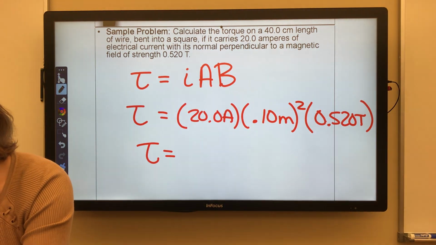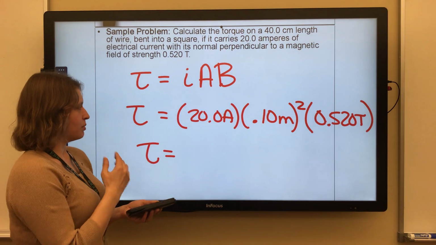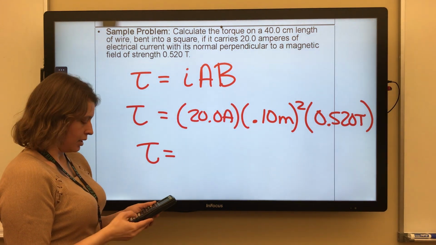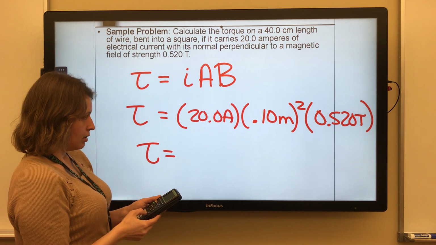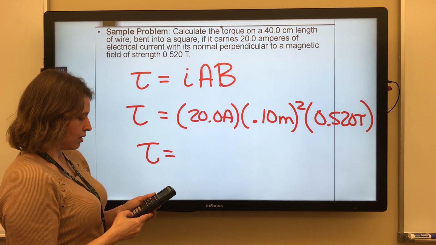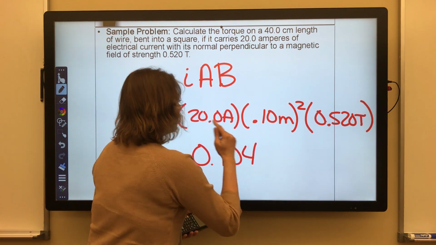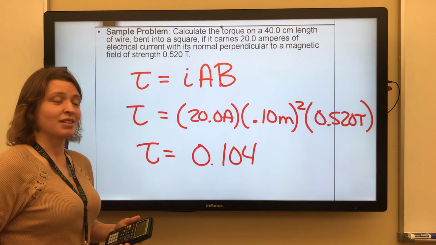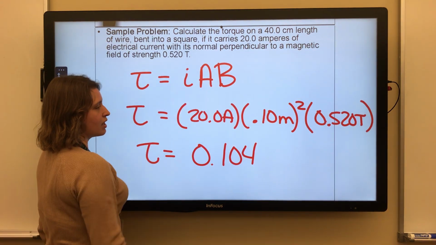I don't know what it is because I haven't calculated it yet, but it should be pretty quick for us to do that. So 20 times 0.1 squared times 0.520. All right, so I get 0.104. Hopefully you remember what the units of torque are. If you don't, then you'd have to get them from your equation.